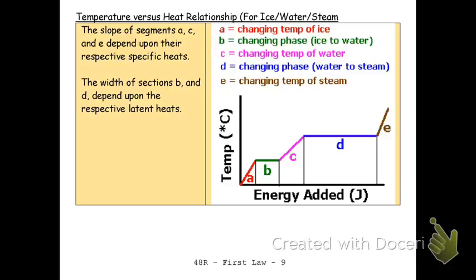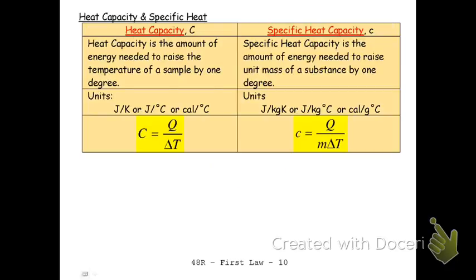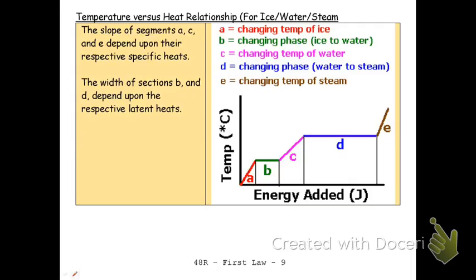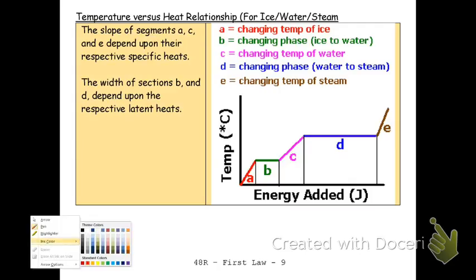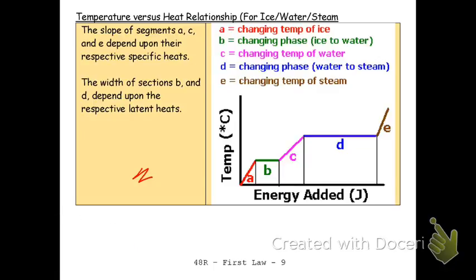Now, let's try turning you out of that mode, and let's try turning you back into that mode. Yeah, there we go. So that depends on specific heat, that depends on specific heat, and that depends on specific heat. So I could have the specific heat for the solid, specific heat for the liquid, specific heat for the vapor.